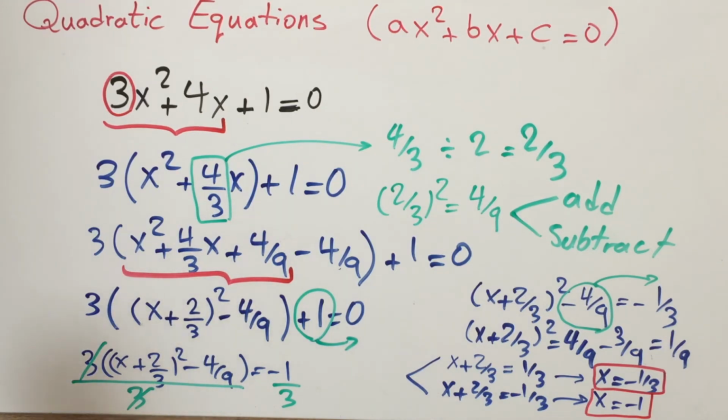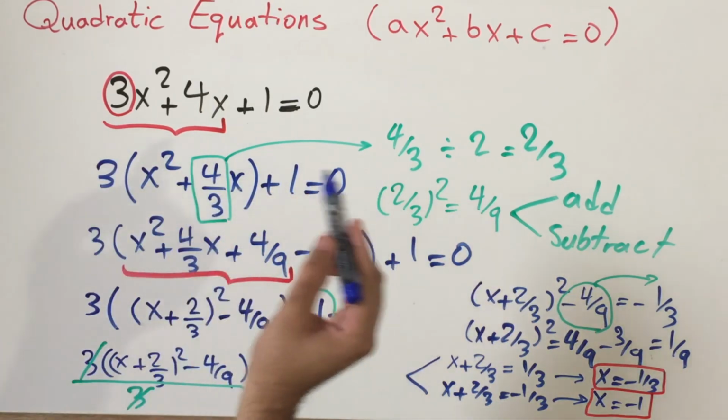Before I finish the video, I want to show a shortcut for this question. So if you have this equation and you are not asked to solve it in a particular method, you can use a shortcut. What is that shortcut?